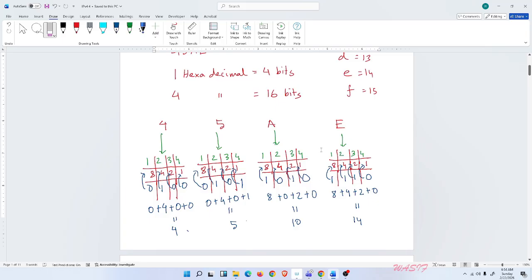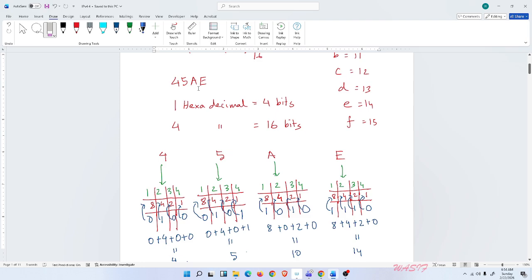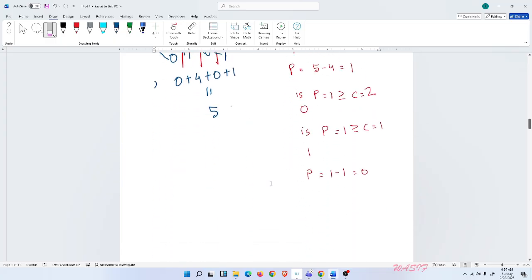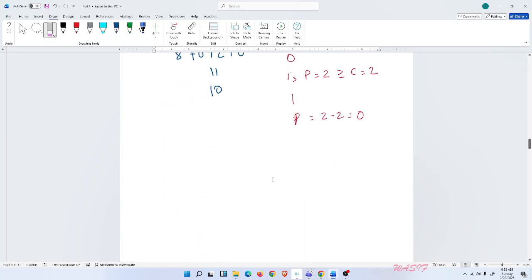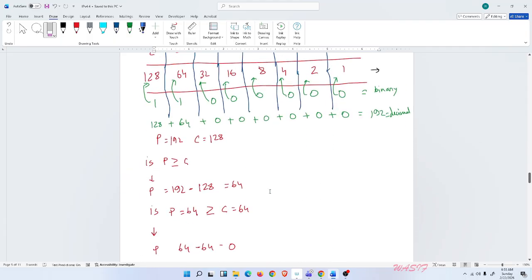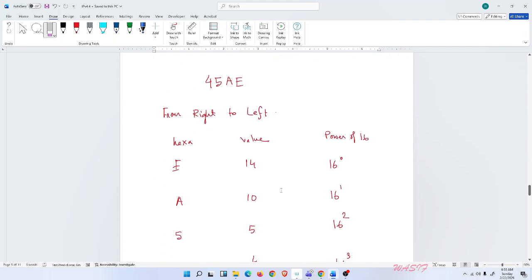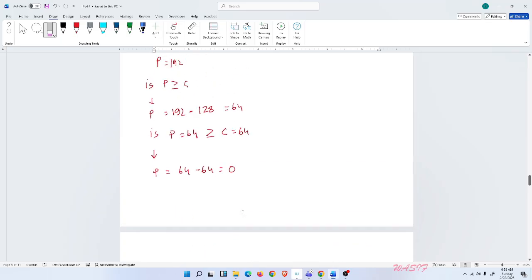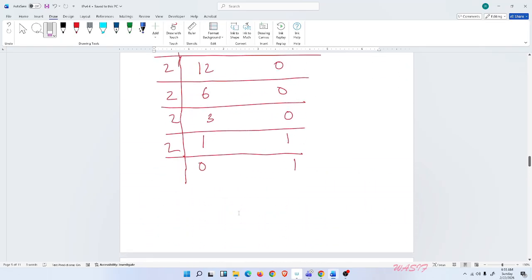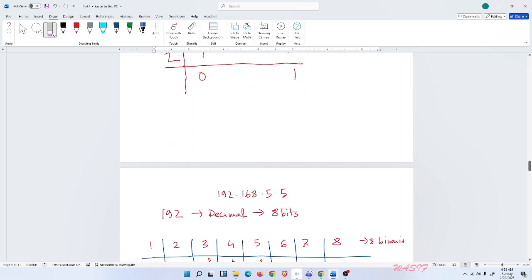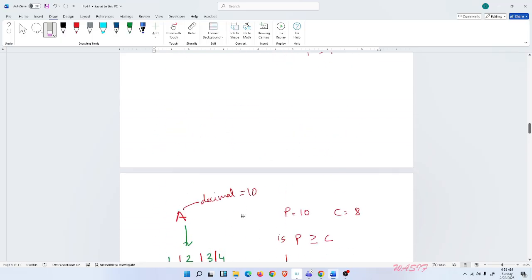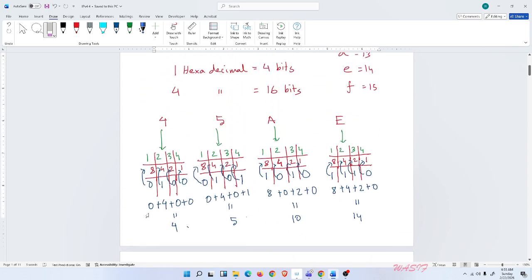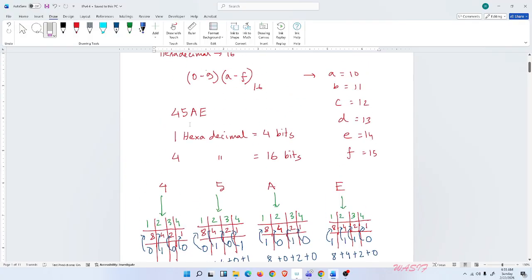You need to write them together, which will be equivalent to 45AE. So this is the binary one for 45AE.